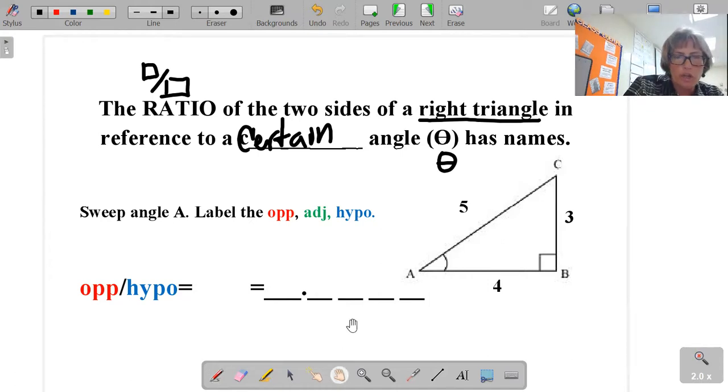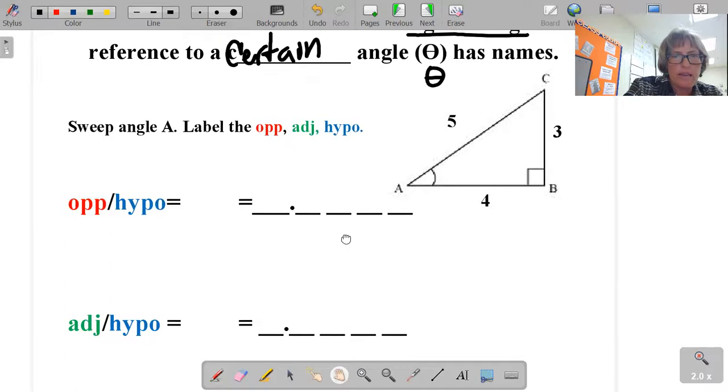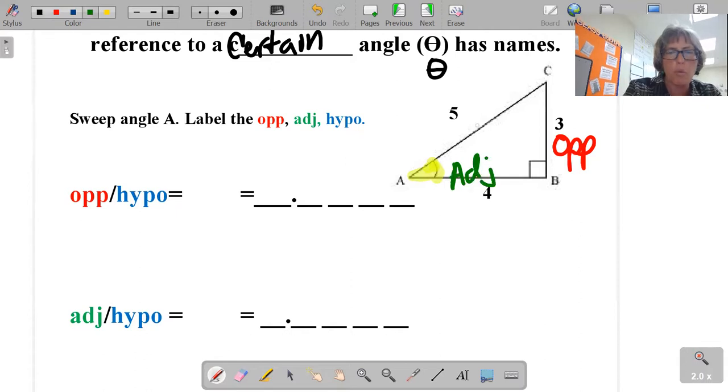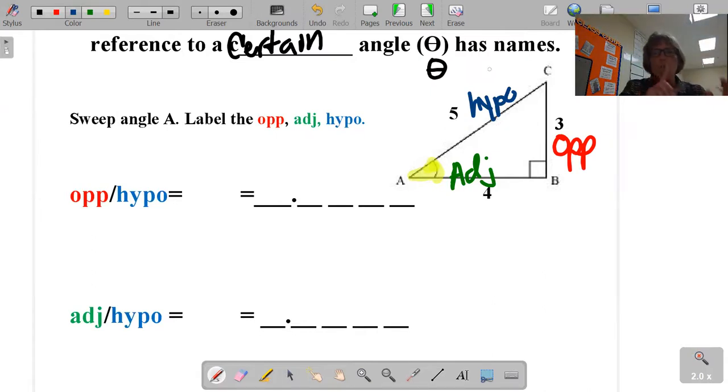The first ratio is opposite over hypo. So here, if we're working with angle A, our opposite would be 3, our adjacent would be 4, and our hypo would be 5. So one of the combos we could do would be opposite over hypo.